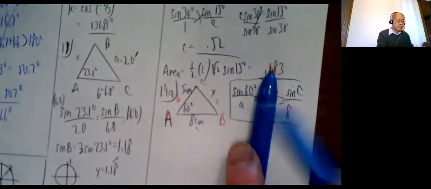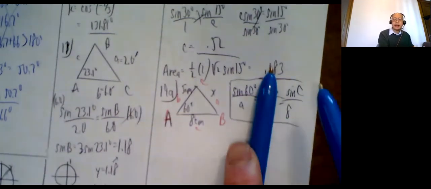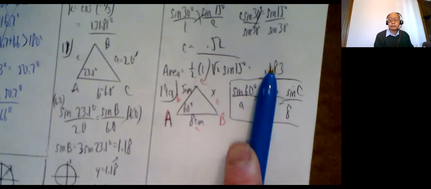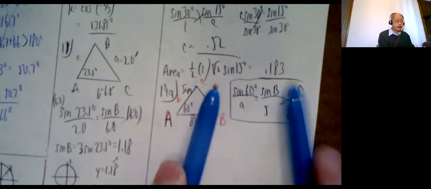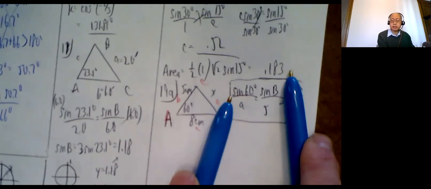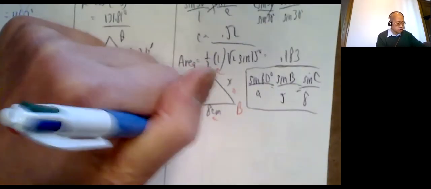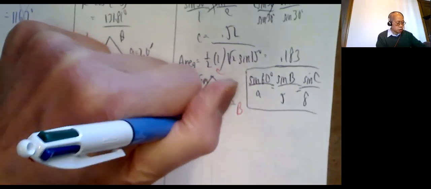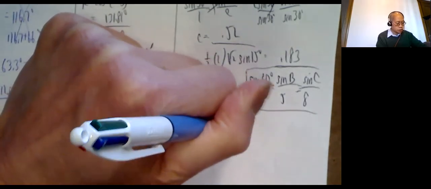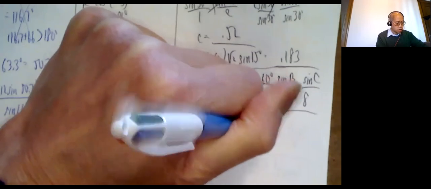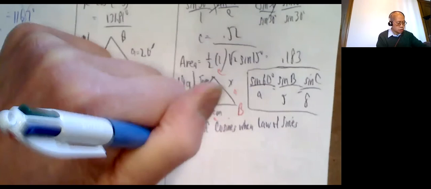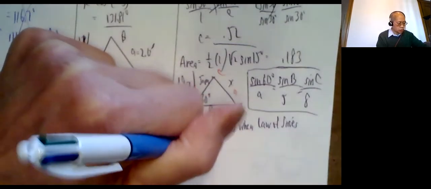I have a little a and a big C. So in each case, when I cross multiply, I have 2 variables, so I'm stuck. Okay, so when do I use the law of cosines? When the law of sines is impossible. Use law of cosines when law of sines doesn't work.